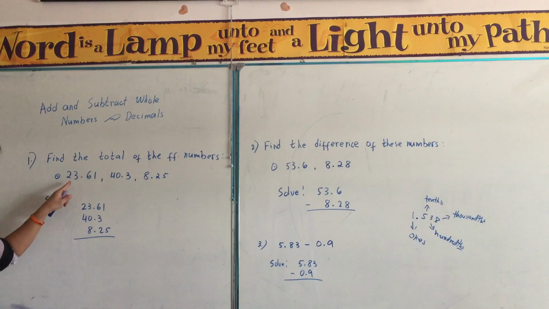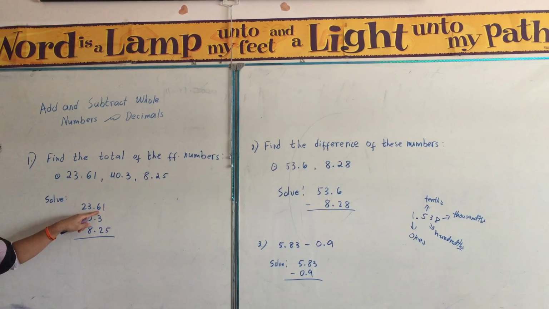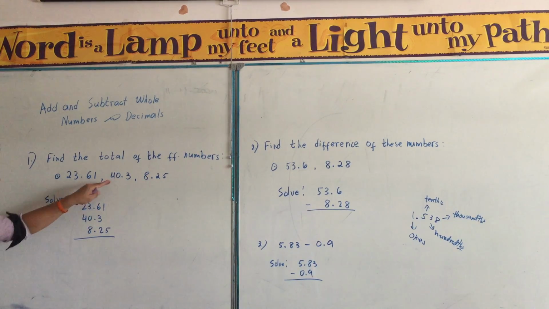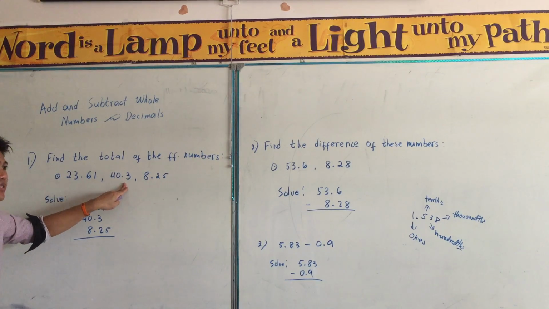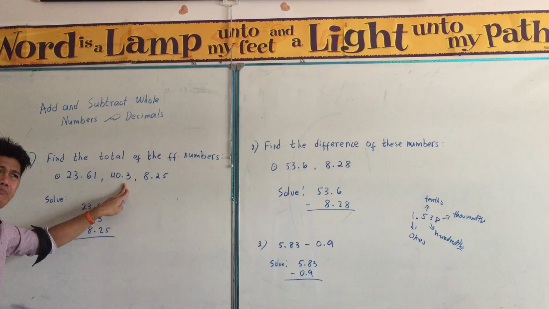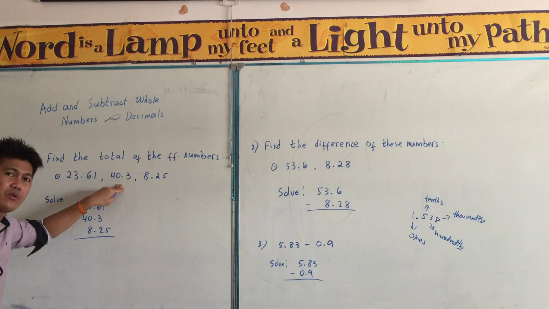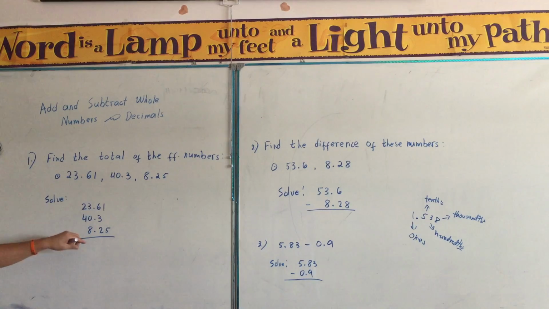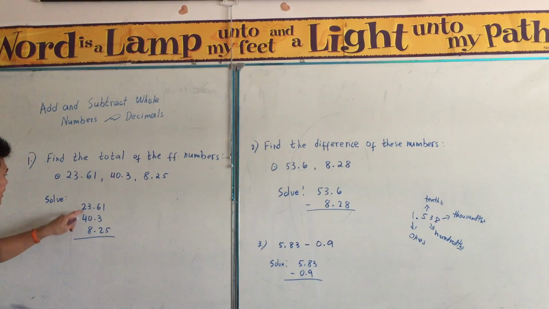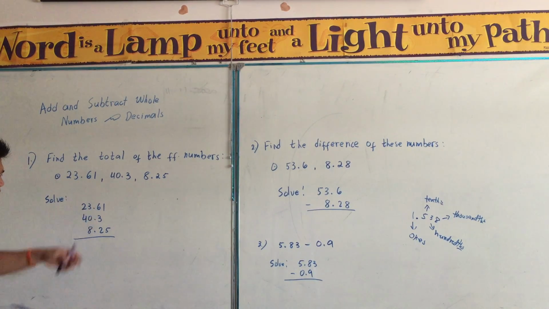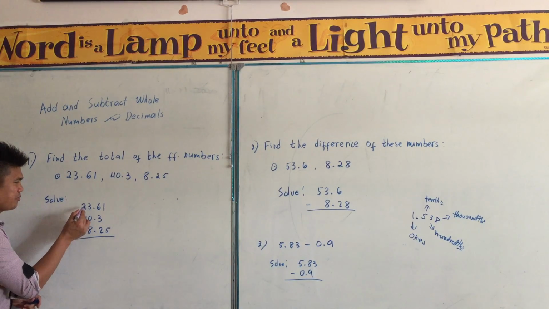So when we write this number 23.61, then the next number 40.3, it means what is the place involved in the second number? Tenths only. So therefore you have to write 40.3. You see, look, this should be aligned.